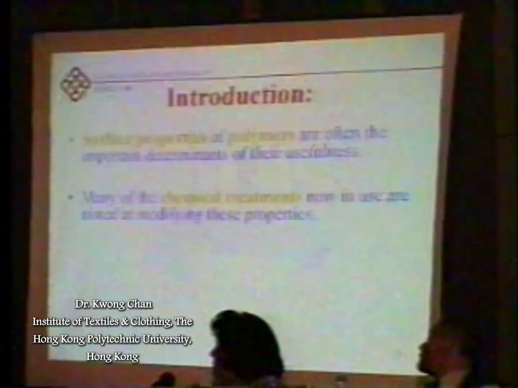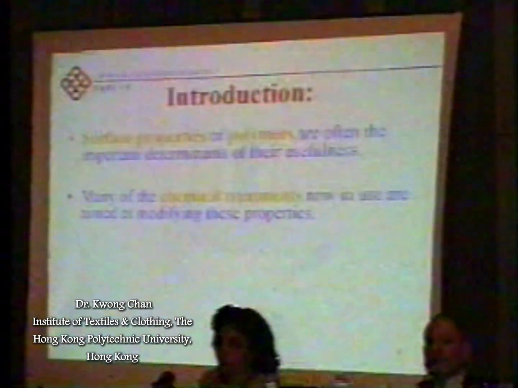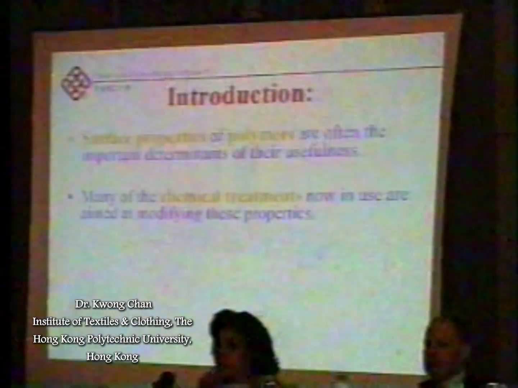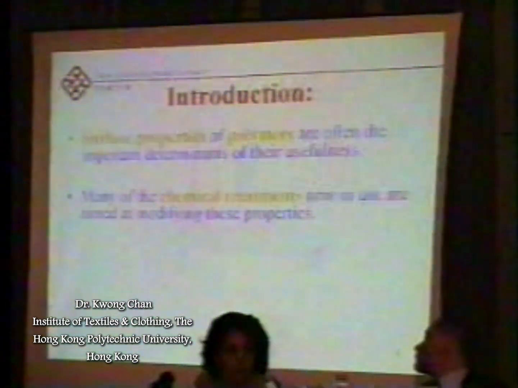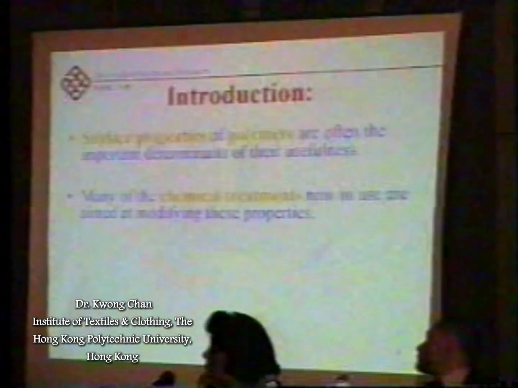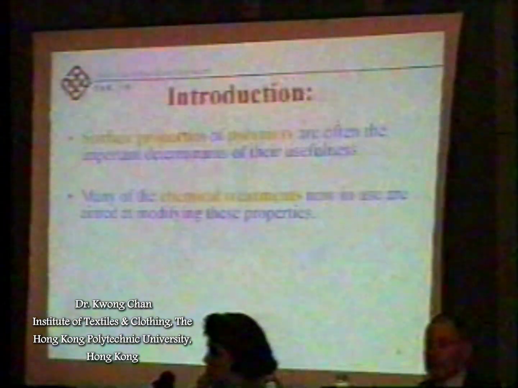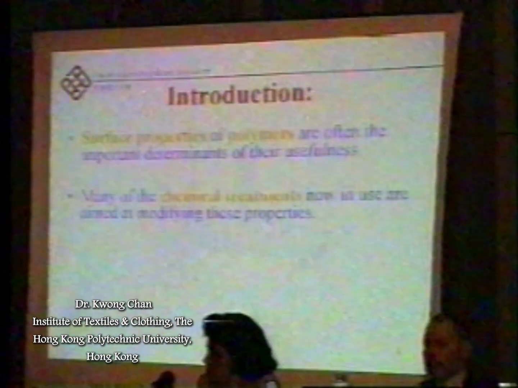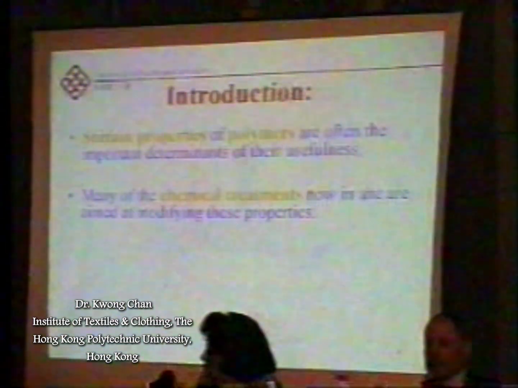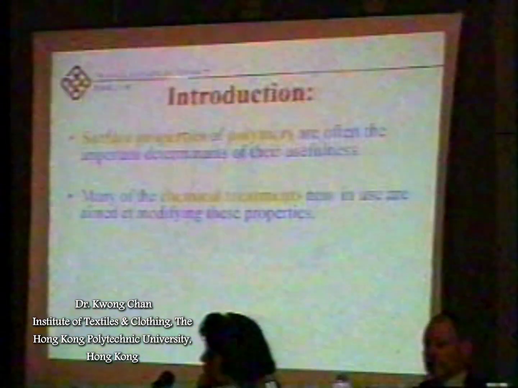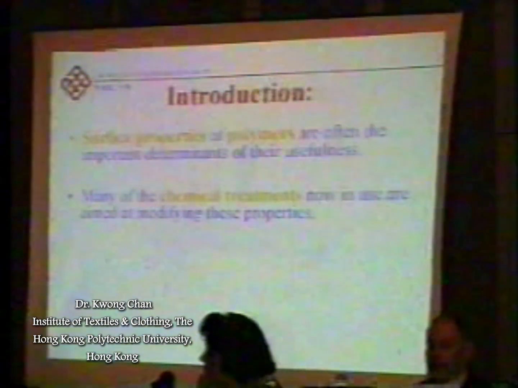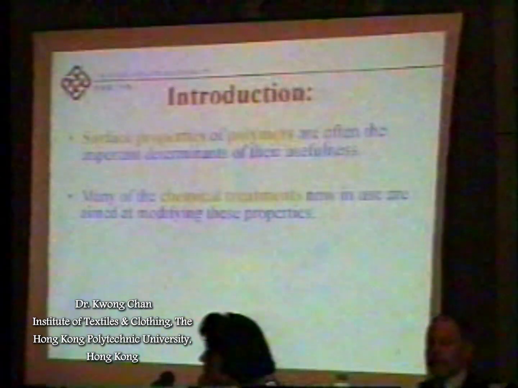Many of the chemical treatments now in use are aimed at modifying these properties. Of course, the UV excimer laser is a technology which can produce not only interesting morphological modifications on the polymer surface, but also can replace the less environmentally friendly finishing process.